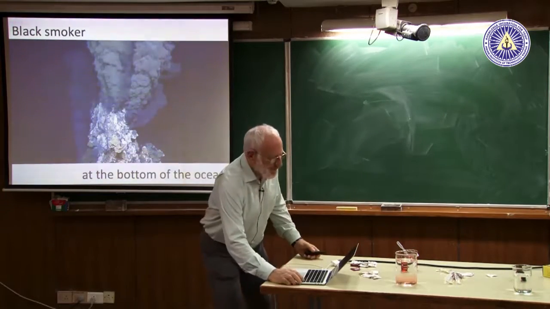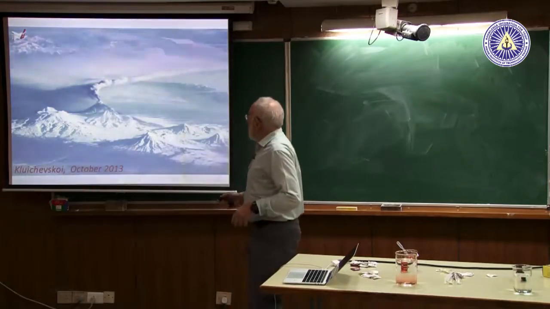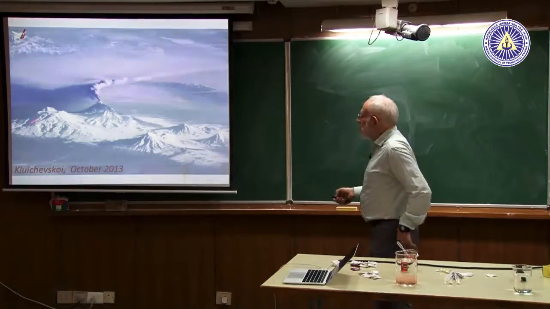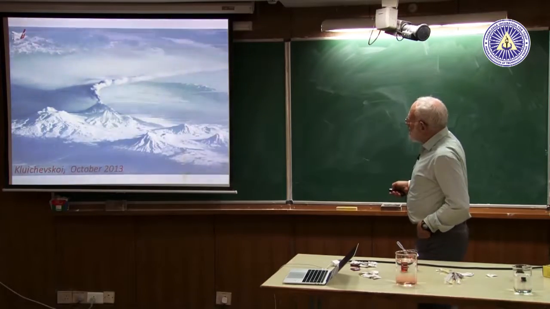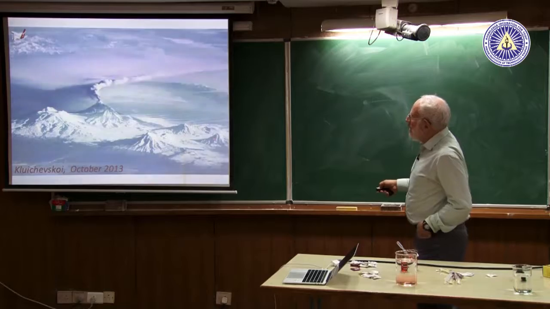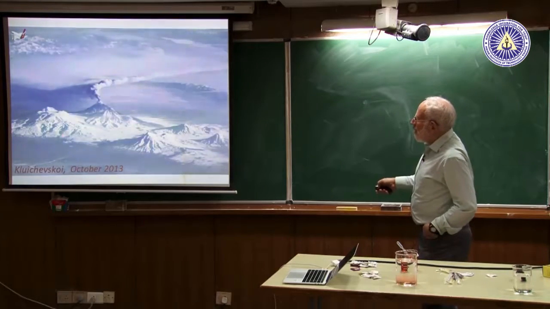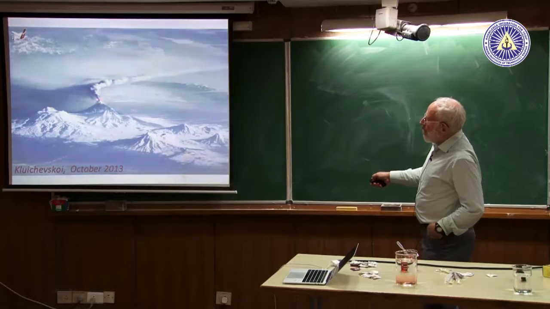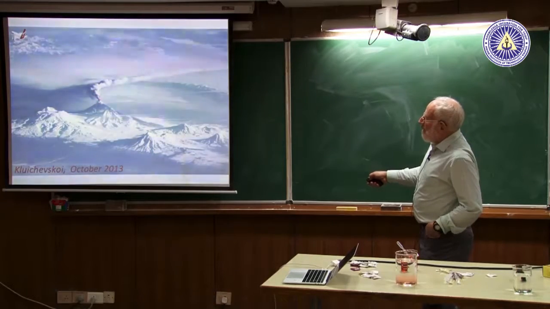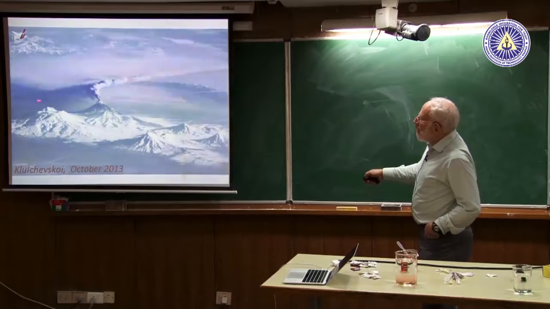This is now an eruption of a volcano, which is also unpronounceable, in Russia. You see there are lots of volcanoes here, but this day, only this one erupted. It sent a plume up here, and then the wind influenced it.